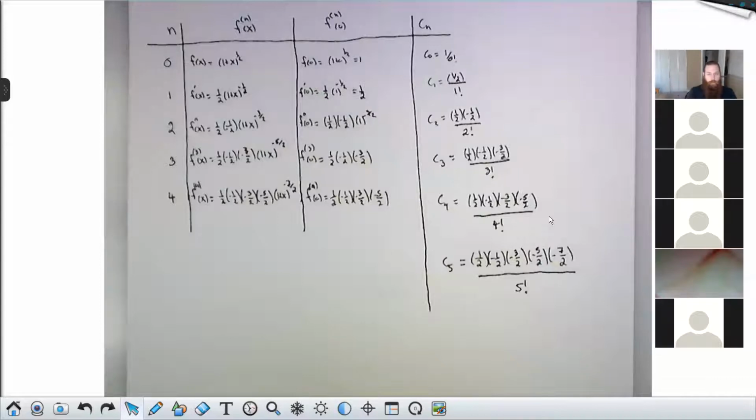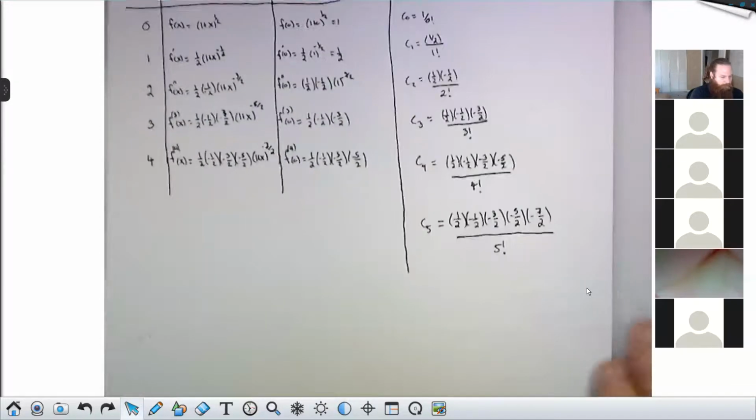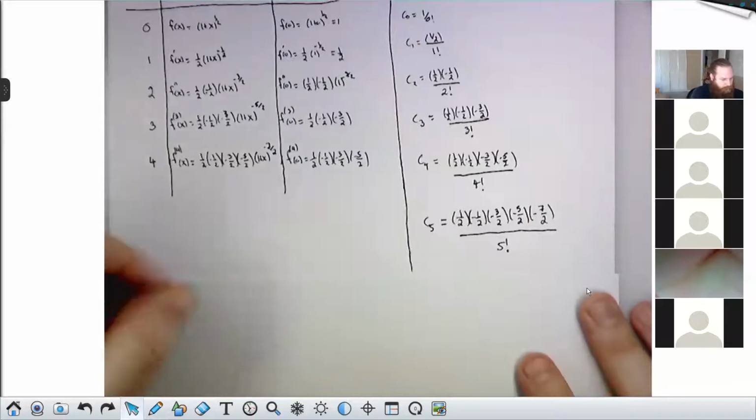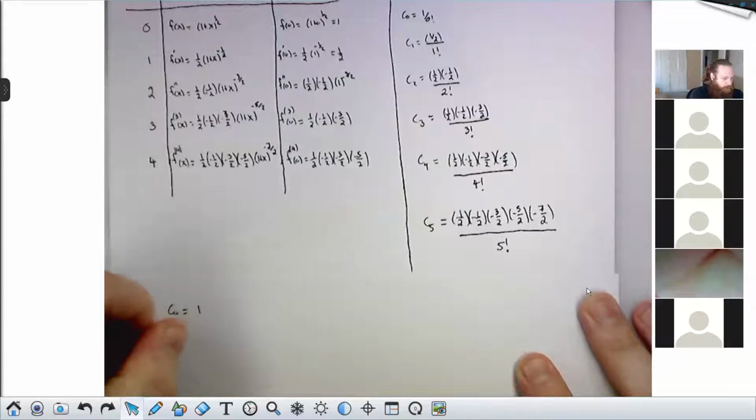Okay, so we're to a place where we can guess what the next one looks like now. Maybe we can figure out what the nth one looks like. I think in order to do that, we should try to simplify these just a little bit. So C0 is just 1. C1 was 1/2.